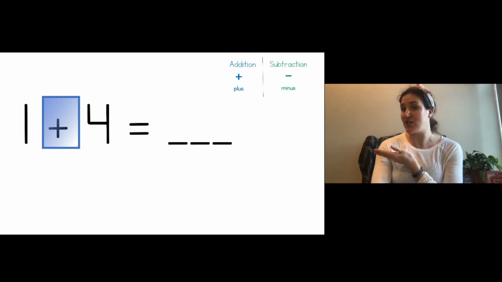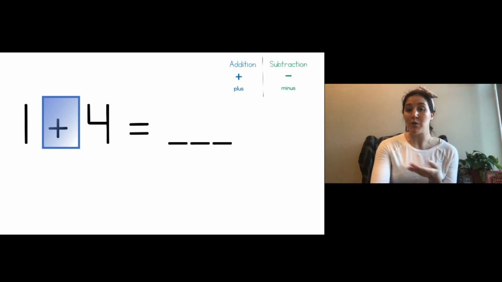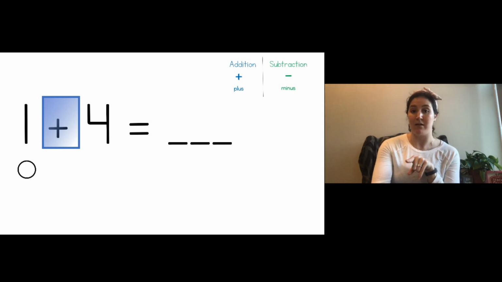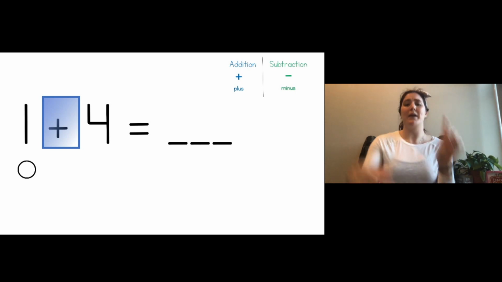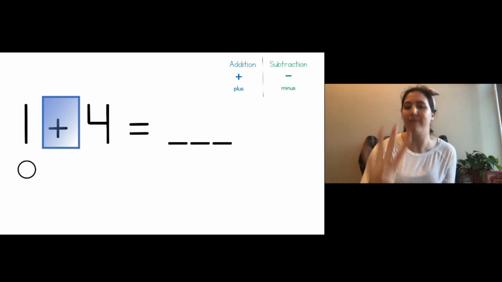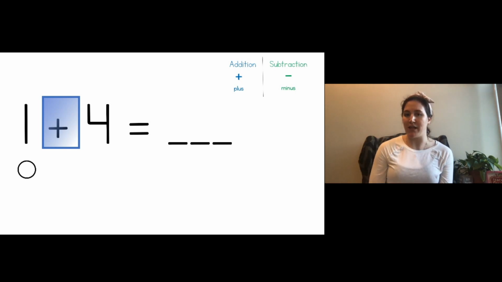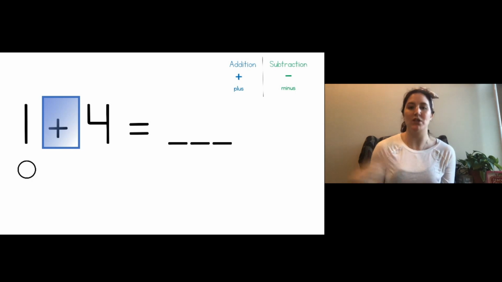Okay, now let's get started together. So first, we're going to draw 1 circle under the 1. Do it. Draw 1 circle, just like mine. You got it? Okay, so then how many circles do we need to add? If it says 1 plus 4, how many circles do we need to draw now? Yeah, we need to draw 4 more circles.